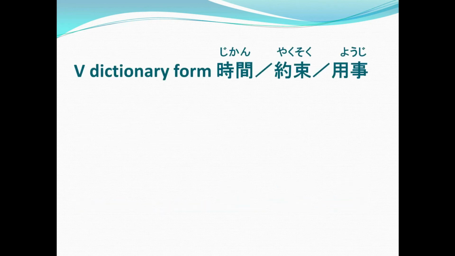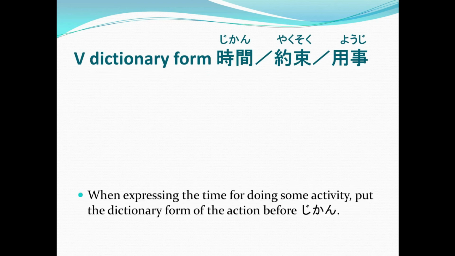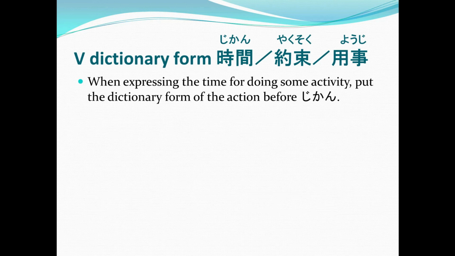Now in lesson 22, we have this new sentence pattern, which is the verb in its dictionary form, then either jikan, yakusoku, or yoji. So jikan means time, yakusoku means promise, and then yoji means an appointment. So when expressing the time for doing some activity, put the dictionary form of the action before jikan.